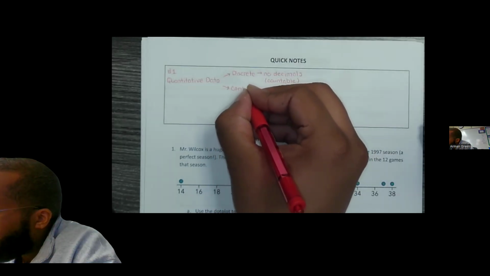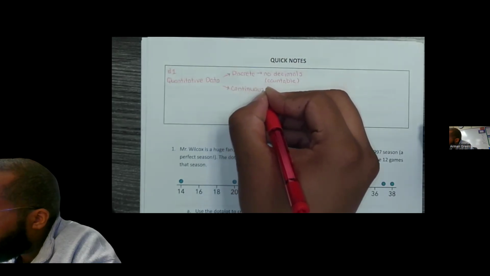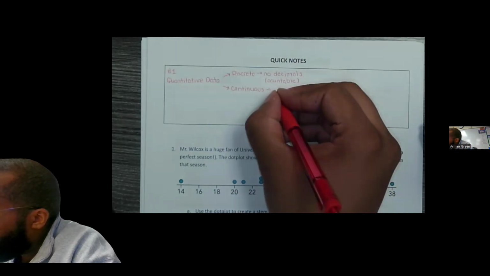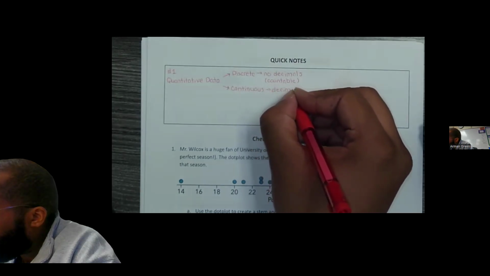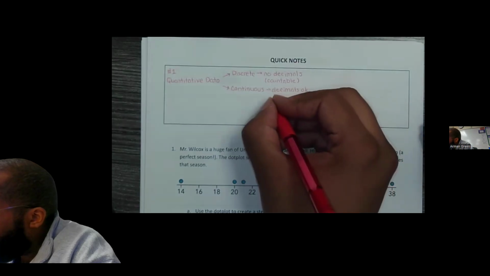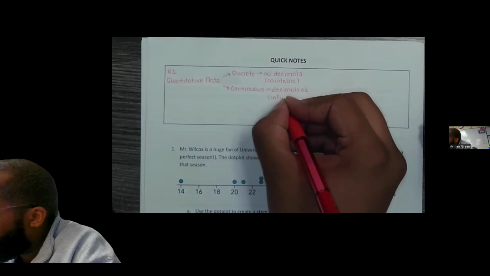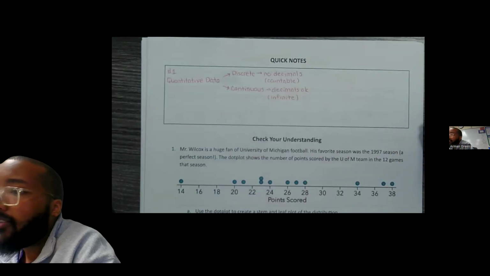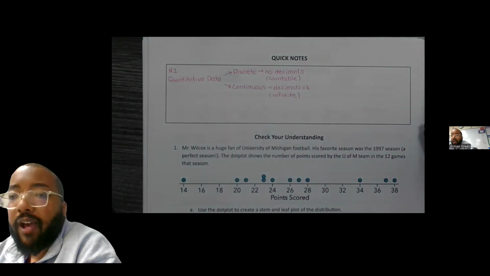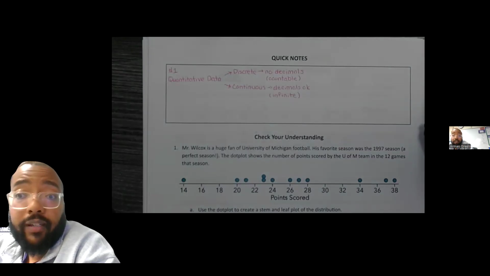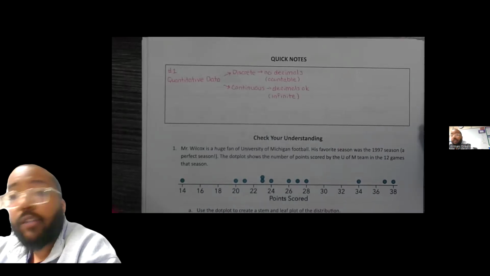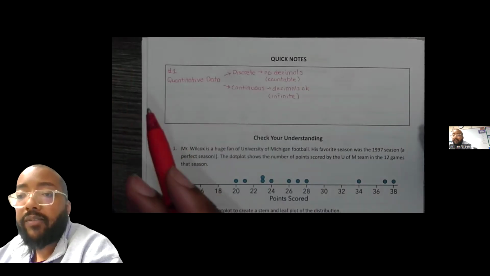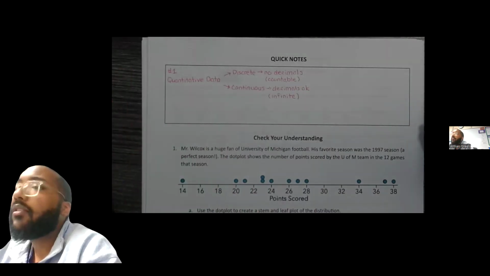The other option is what's called continuous, where your numerical values could be decimals. For this reason, you can have an infinite number of responses. If I asked how many numbers are between 1 and 2, including decimals, there are so many, like 1.1, 1.11, 1.111, and so on. So there's an infinite number of decimals between just 1 and 2.